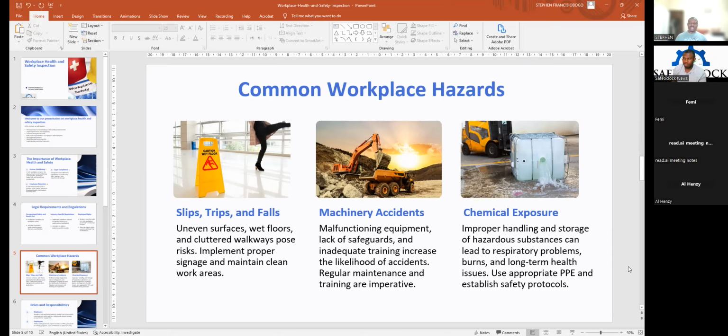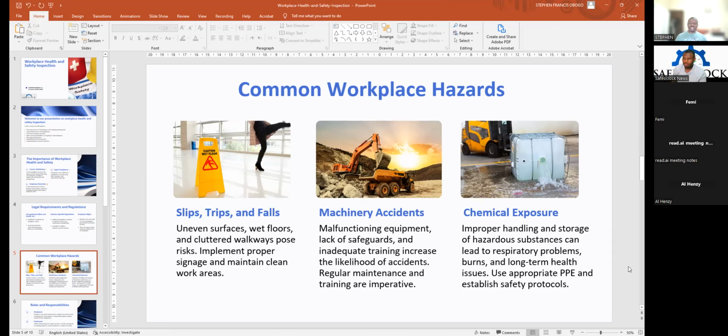Okay, and also workers could be exposed to machinery accidents on site, because sometimes the equipment might be malfunctioning. It can lack some kind of safety guard, and also inadequate training of the operators can increase the likelihood of accidents within the workplace.